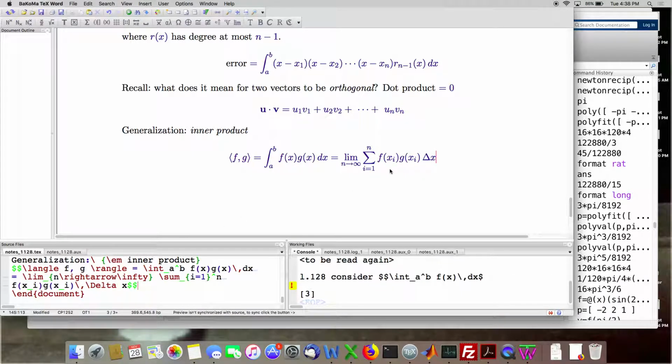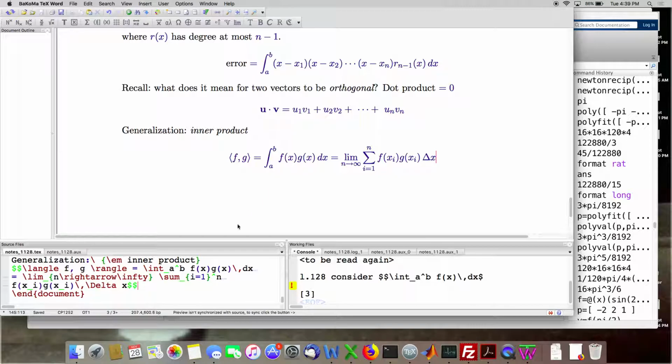So you could think of this as taking this sum of products to the extreme, where we're evaluating f and g at infinitely many points, multiplying. If you think of f and g as not being functions, but infinitely long vectors, you are multiplying corresponding components, f of xi, g of xi, and then you're literally adding them all up. So you can see a relationship between the inner product of functions and a dot product of ordinary vectors in an n-dimensional vector space.